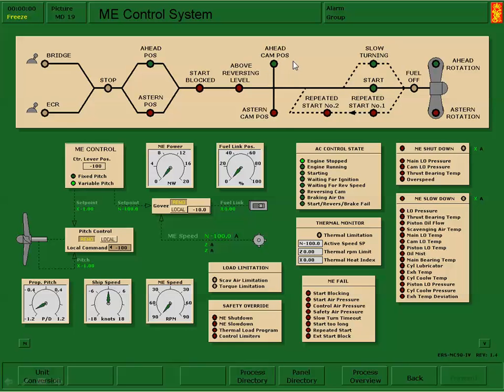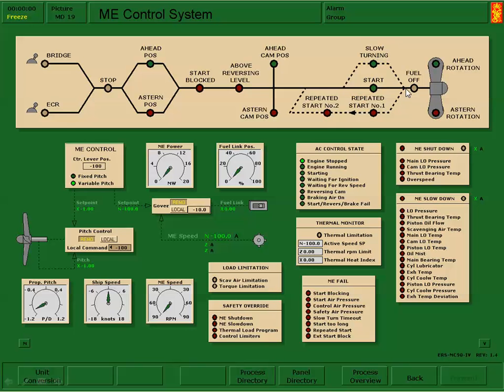All right, so a head and a stern cam position. This is basically on a Burmeister Wain. These are actually for your fuel delivery. And then, if a start is initiated, are the puncture valves, the fuel off, activated?